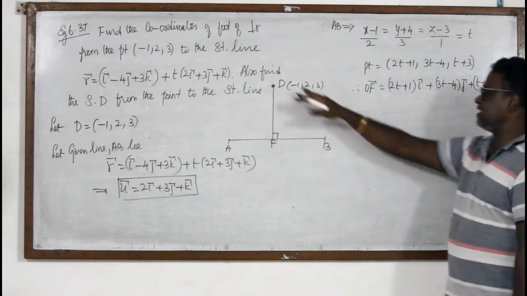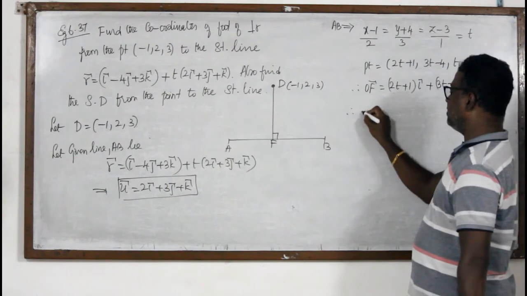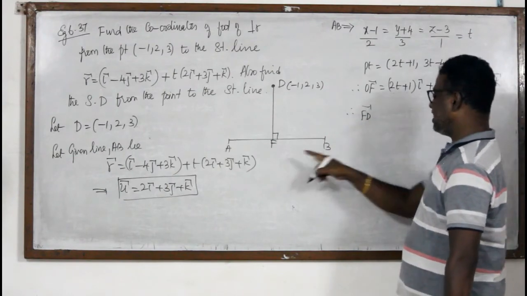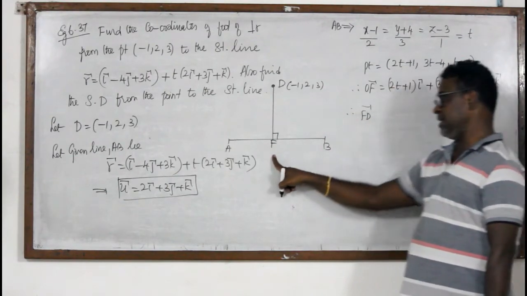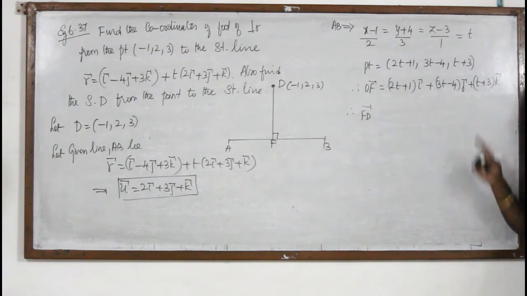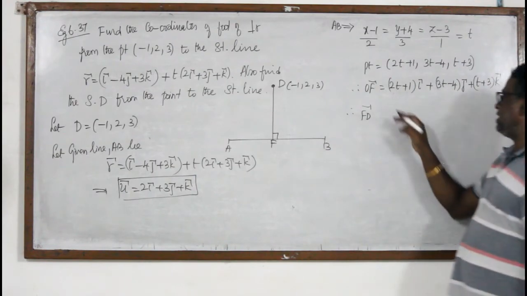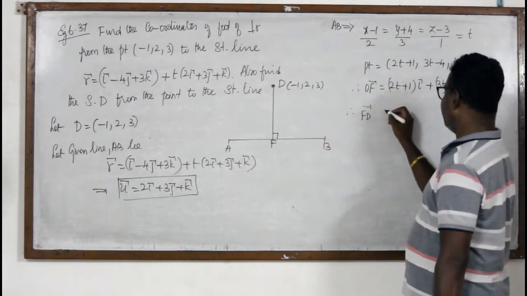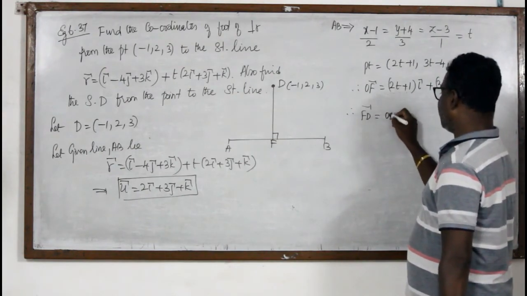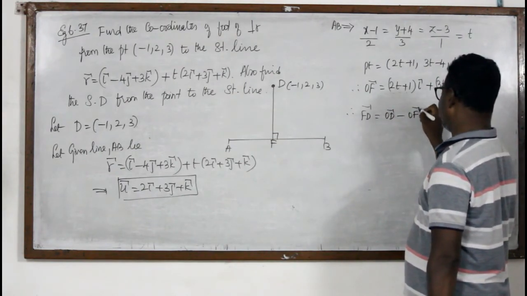So let me find the vector FD. Because I am in need of this point F, I have to find this t. FD is OD vector minus OF vector.